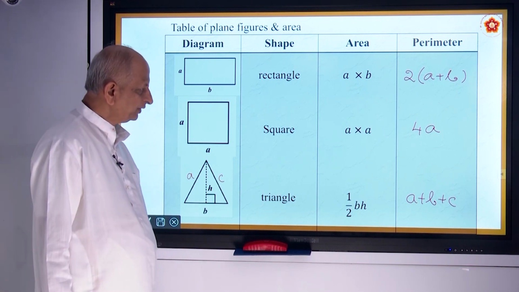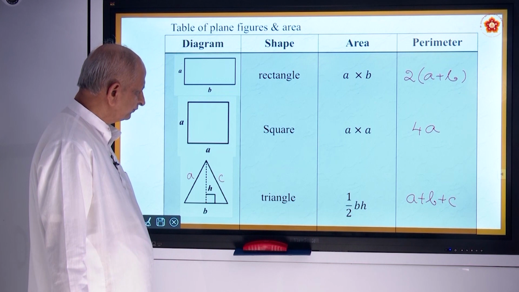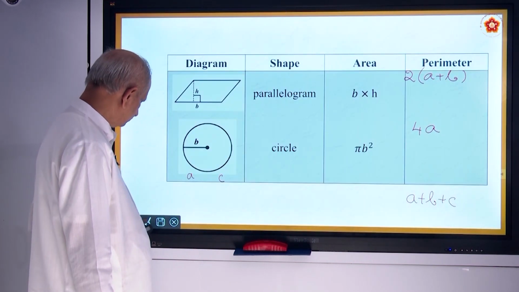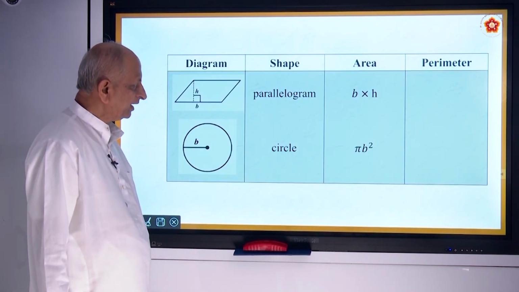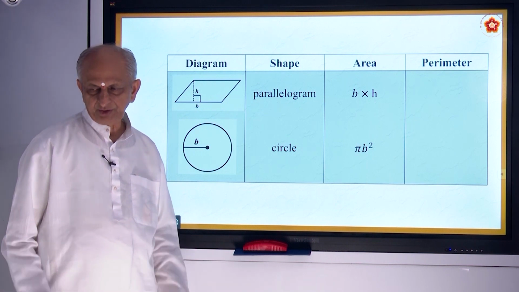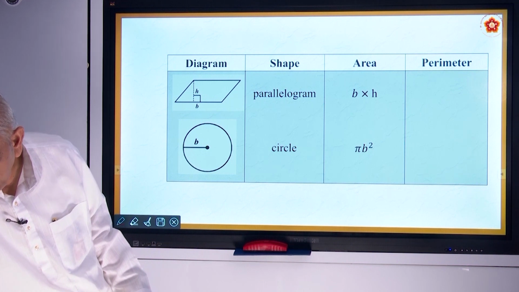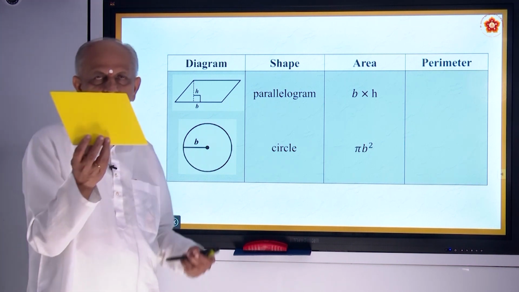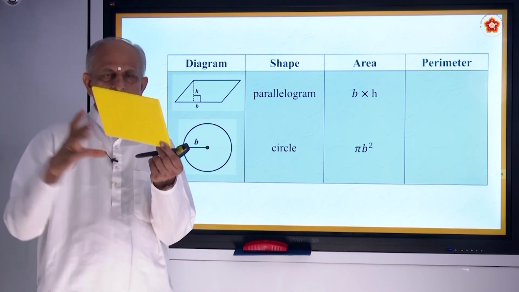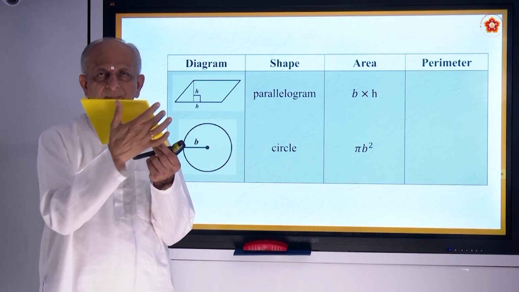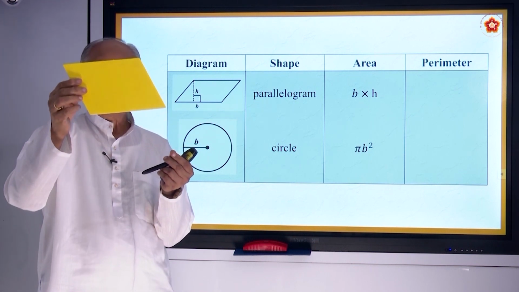Okay. Also we will see some more, 2 more are there. One is called parallelogram. You have seen parallelogram? In a parallelogram, the opposite sides are equal. This is a small model of a parallelogram. Opposite sides are equal and parallel, correct?